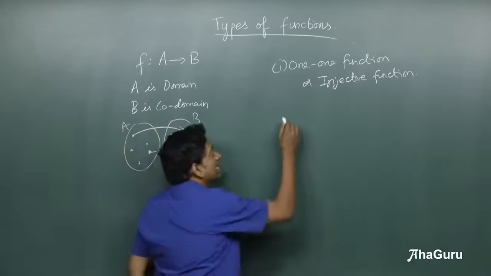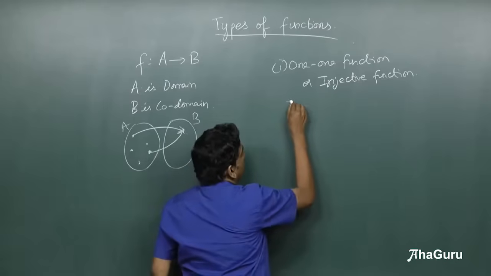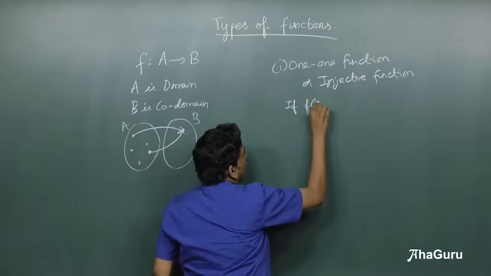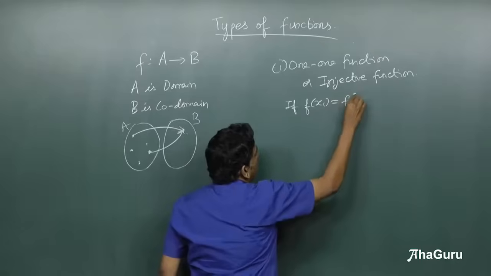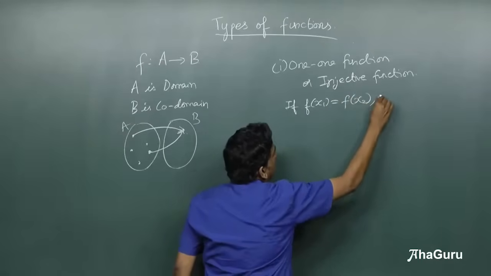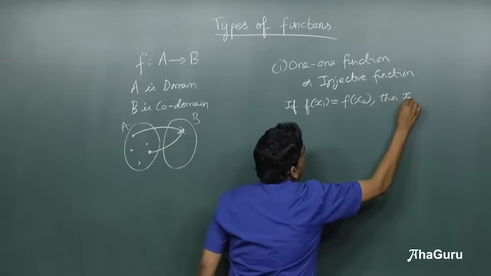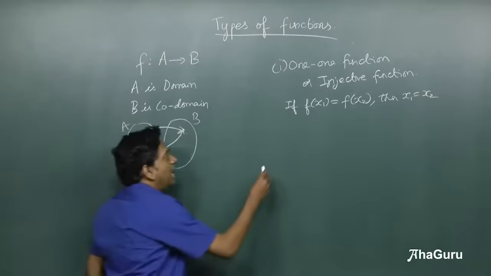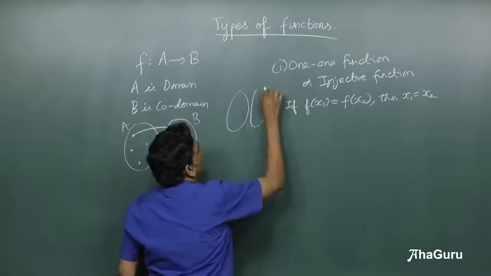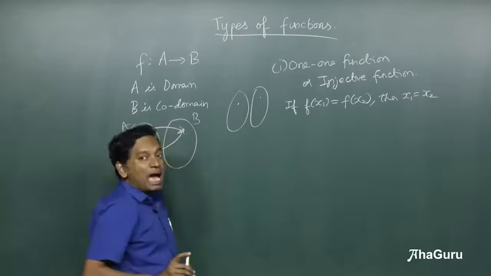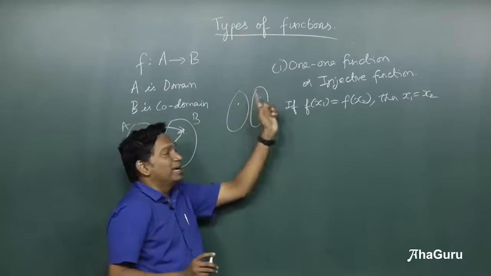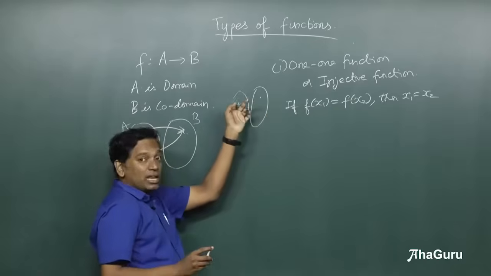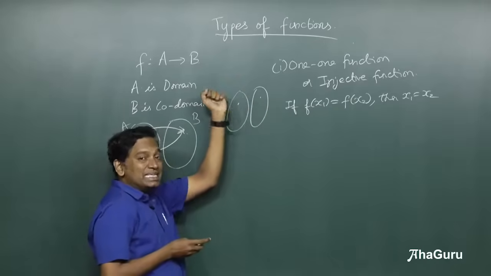So simply put, if f of x1 equals f of x2, then x1 equals x2. If I have two things being mapped to the same element, then the original element itself must be the same.